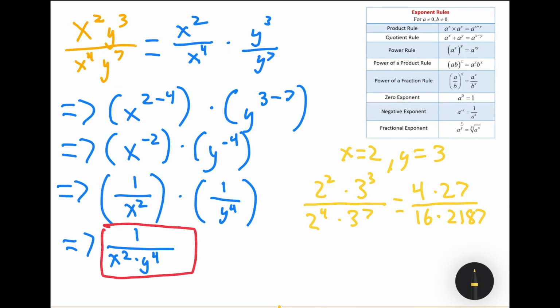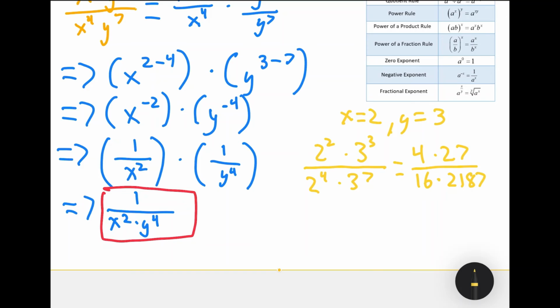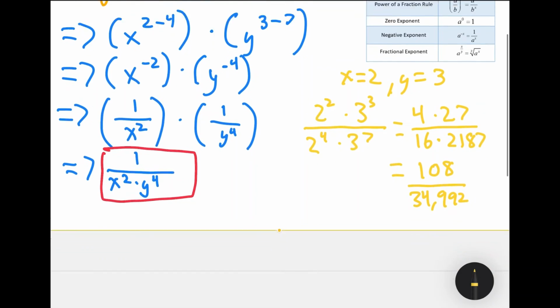Okay. Then if you're to solve that even more, you would get 4 times 27 gives you 108, over 16 times 2,187 gives you 34,992. Okay.